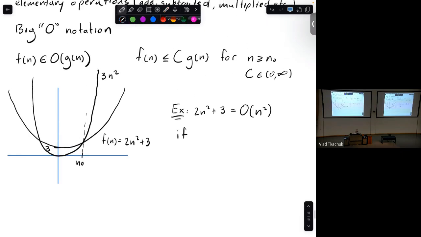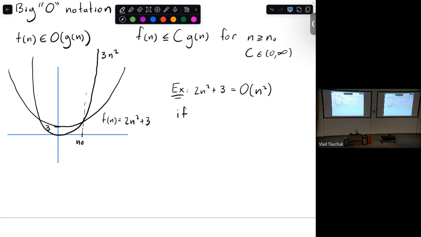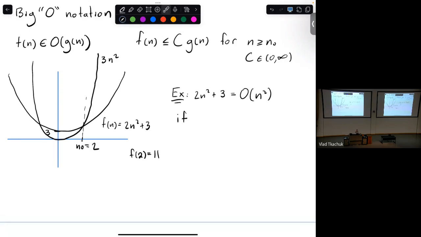But I'm going to tell you that if you set n naught equal to 2, well, f of n at 2 is equal to 2 times 4 plus 3, that's 11. And the function above, evaluated at 2, is equal to 3 times 4, which is 12. So that's going to be strictly larger.